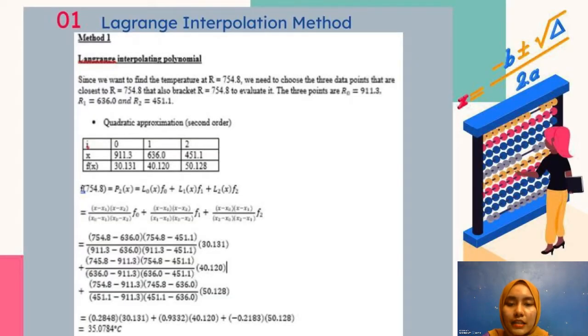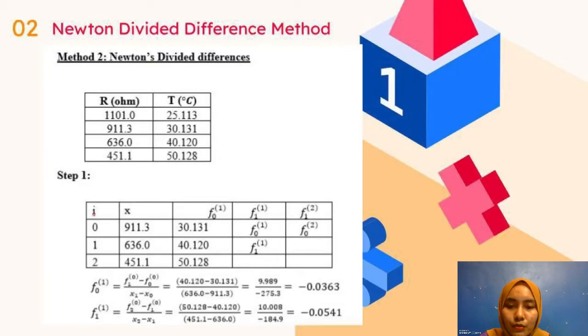Okay, the next slide. This is our use of method 2, which is Newton divided differences.